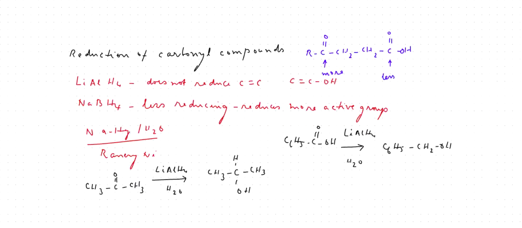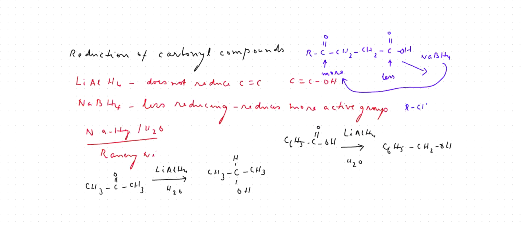So if I reduce this compound in the presence of sodium borohydride, this sodium borohydride is less vigorous. It is less reducing. Therefore, it will try to reduce the more reactive part. So the product that you are going to get now is R CHOH.